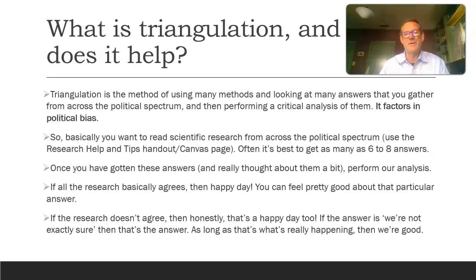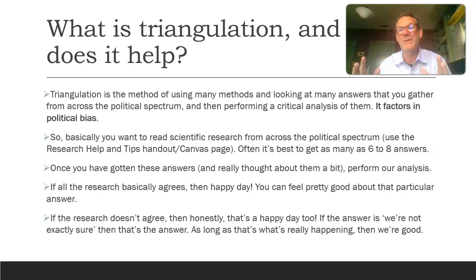So basically, you want to read scientific research from across the political spectrum. There are pages here to look at, right? Depending on which class, it might be in a different place or look a little different. But one of the main ones that you need to use here is the research help and tips page, where I give you a list of places to go to do your research.